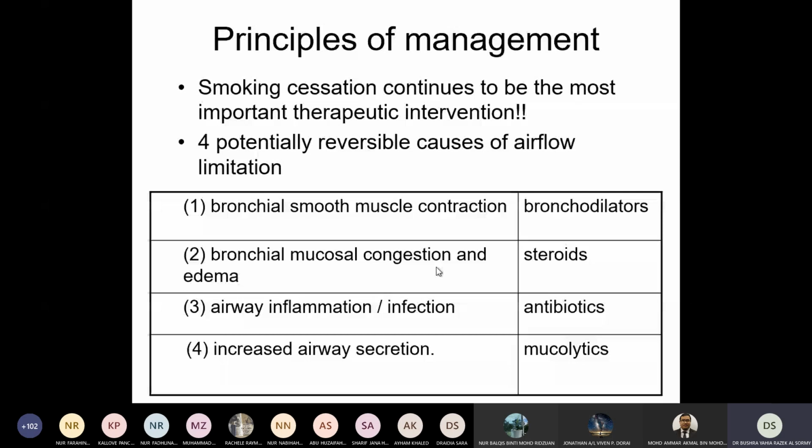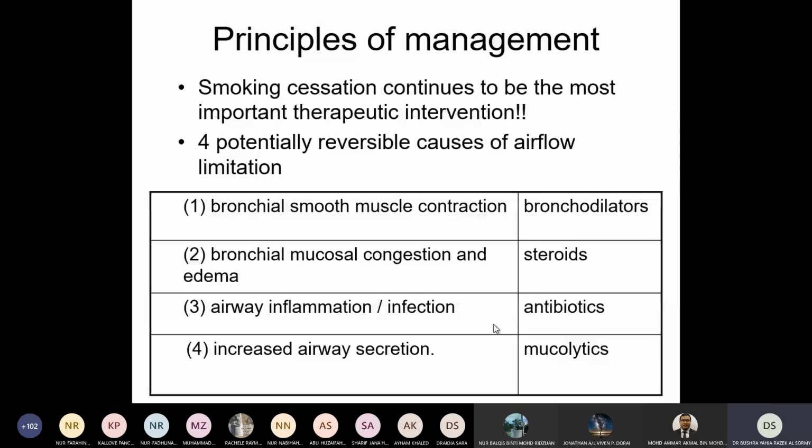If we know the principle, we can give the appropriate treatment. For bronchial smooth muscle contraction, we give a bronchodilator. For bronchial mucosal congestion, we said there is congestion and edema, so we give steroid to decrease the inflammation, because steroid is anti-inflammatory. It's important to give the steroid beside the bronchodilator.